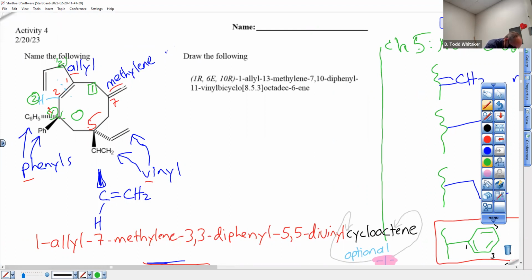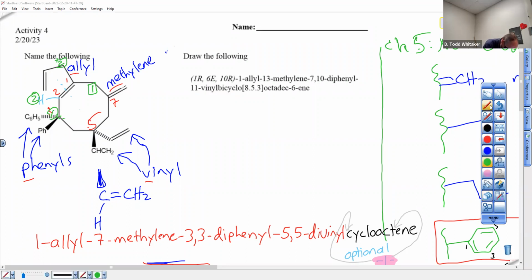How come? They both are CH2s that go to a C double C, but this C double C has an H on it. This C double C has no H on it. So the ones are on the same side, and I got that circle just kind of moved. Ones are on the same side.